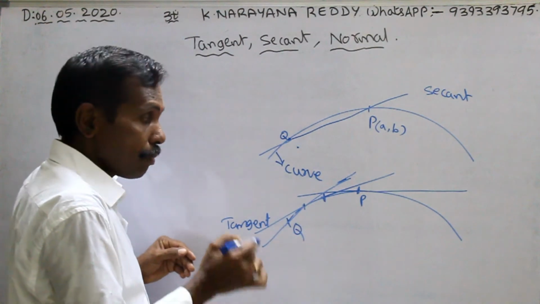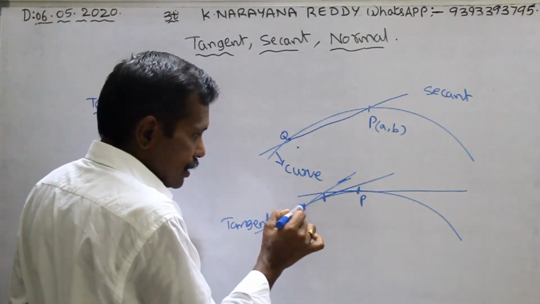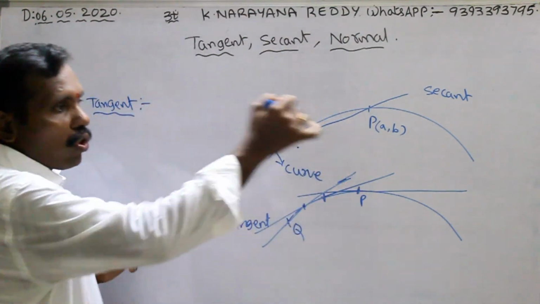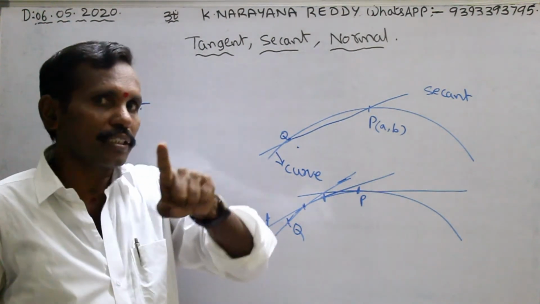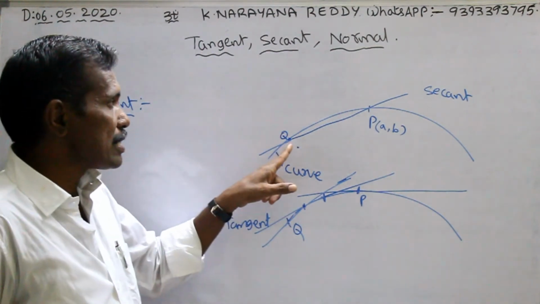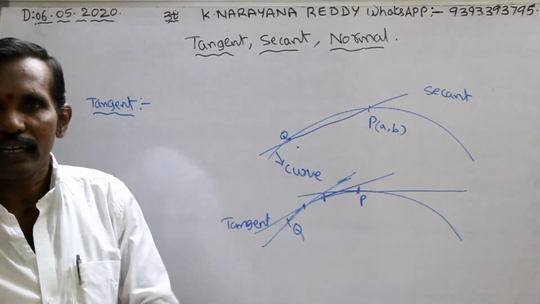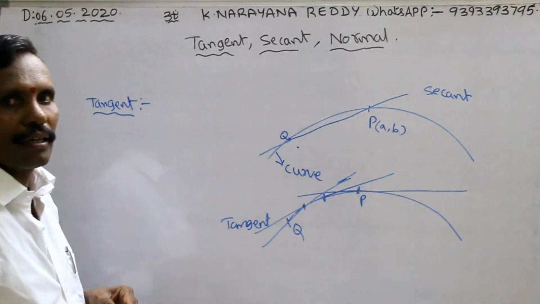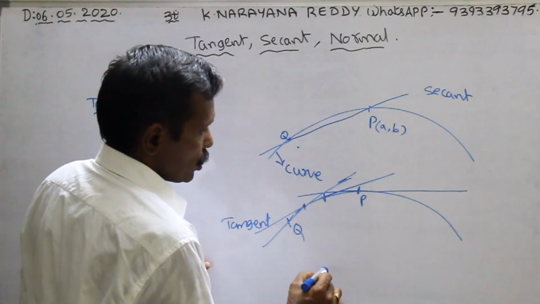Whenever the line goes through this touching point, it is called a tangent. A tangent contains only one touching point on the curve, on the circle, but a secant contains two touching points on the curve. That's the difference between a secant and a tangent. So there are so many tangents to a curve. Okay, next comes the normal. Suppose we take another curve.